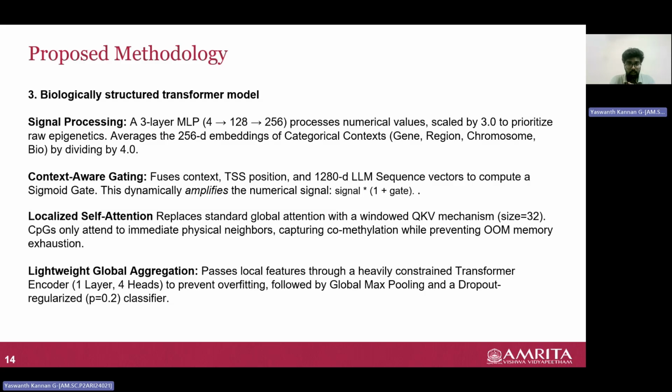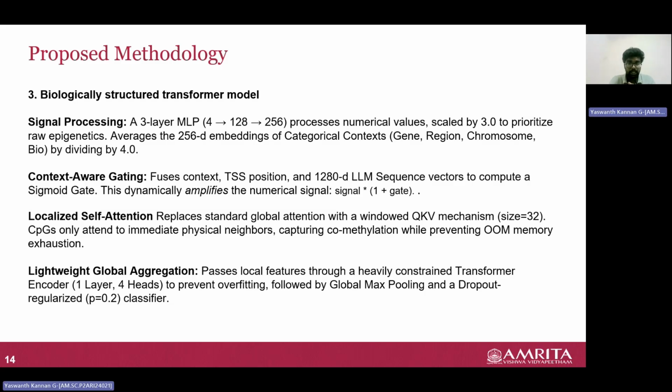In parallel, we encode the biological context features such as gene, chromosome, and genomic region using learnable embeddings. These embeddings are aligned to a common dimensional space and combined to form a unified context representation, ensuring that each CpG carries a functional biological meaning.